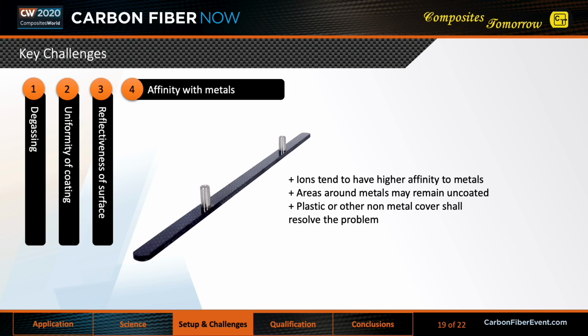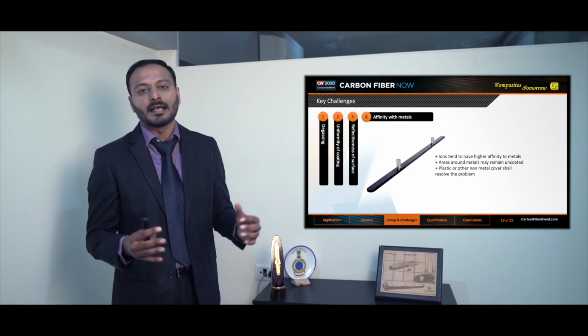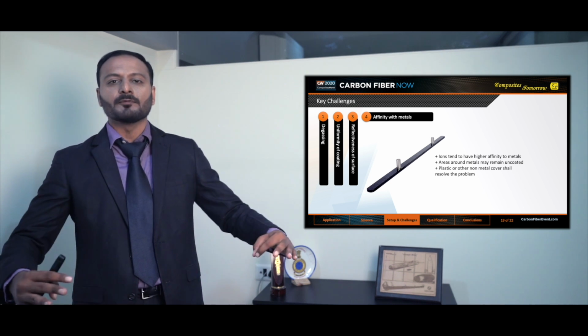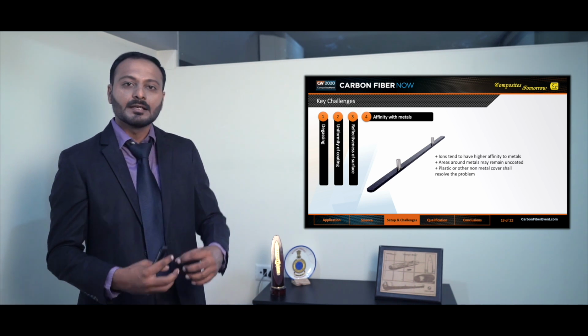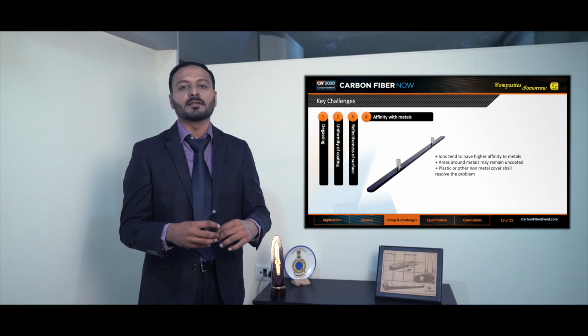And we have to play our roles of breaking the romance by maybe putting a plastic lid on those metals. Yes, a simple suggestion of putting a plastic lid, covering them, wrapping them, will break the affinity between metals and the ions, and thus there will be a uniform deposition of the ions, even at the areas where the metal bonding is there.